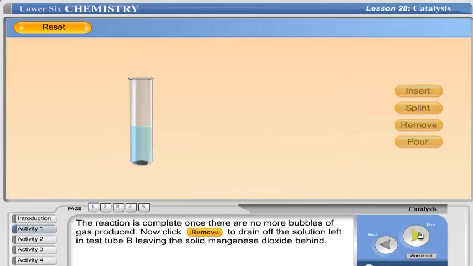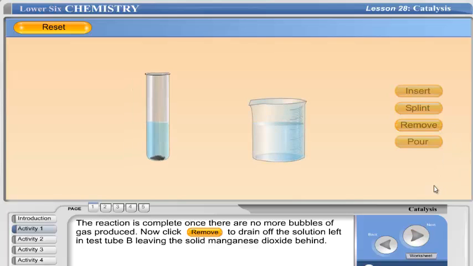The reaction is complete once there are no more bubbles of gas produced. Now, click the Remove button to drain off the solution left in test tube B, leaving the solid manganese dioxide behind.